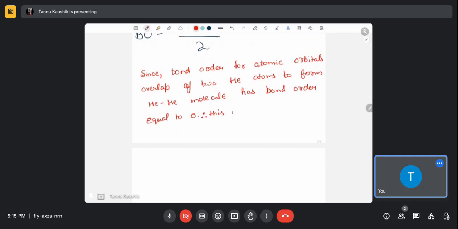Therefore, this helium molecule will not be possible and it will stay as an inert helium atom only.